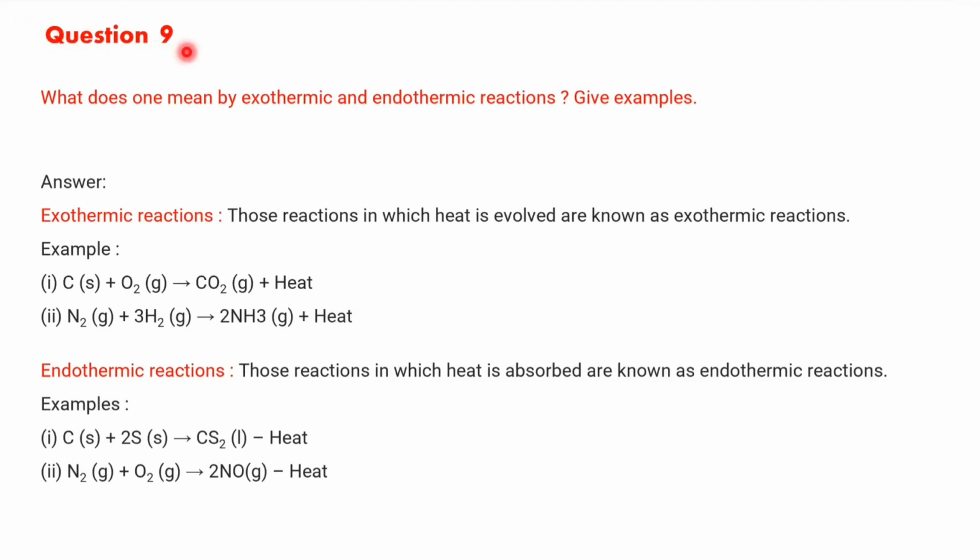Question number 9. What does one mean by exothermic and endothermic reactions? Give examples. Dear student, here we have to define what exothermic and endothermic reactions actually mean. Exothermic reactions are those reactions in which heat is evolved, heat is liberated.